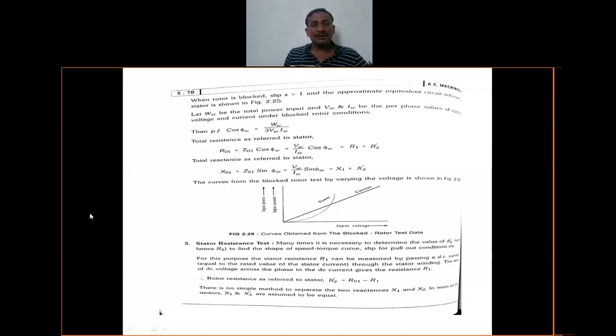So if you take the formula for slip, S is equal to ns minus n by ns.